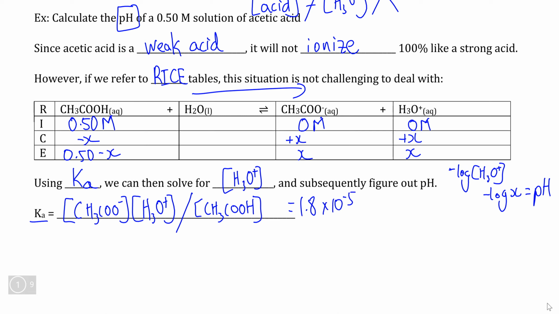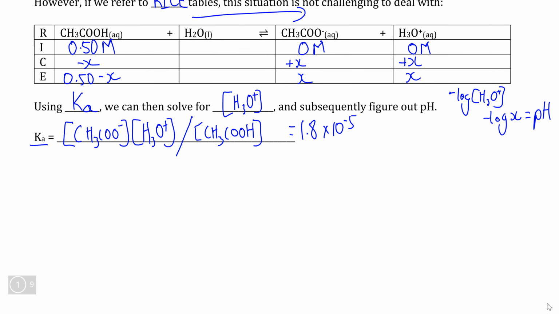Now that we have all of the information we need to do the calculation, it's time to actually solve for x. So let's put everything into the formula for Ka and give solving x a try.